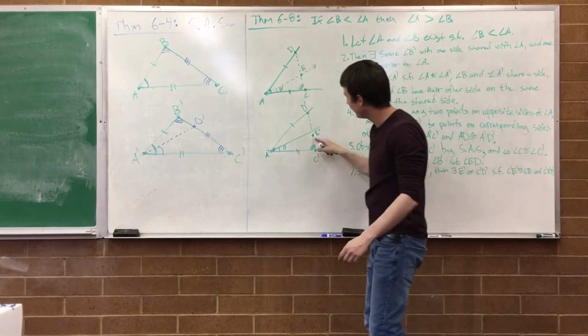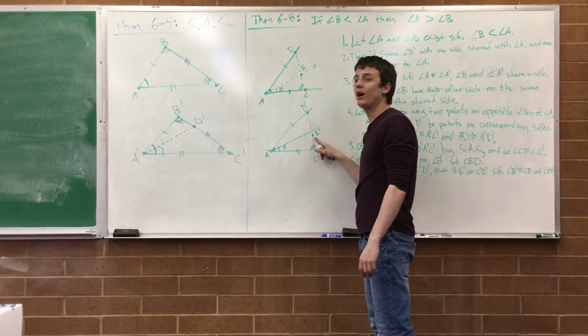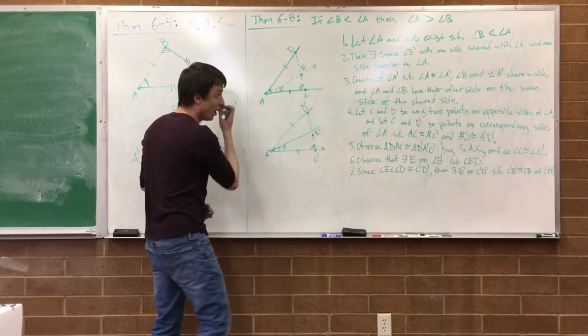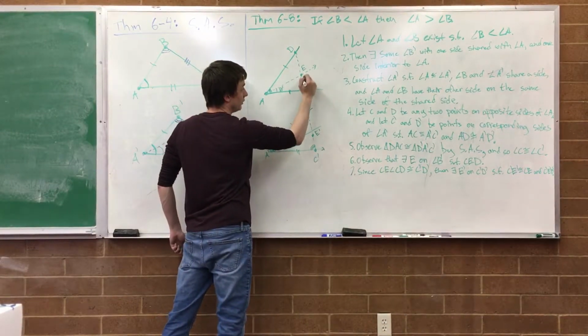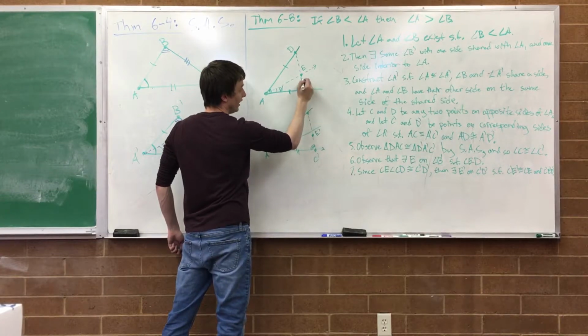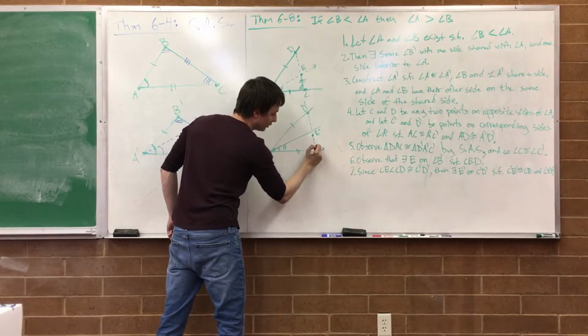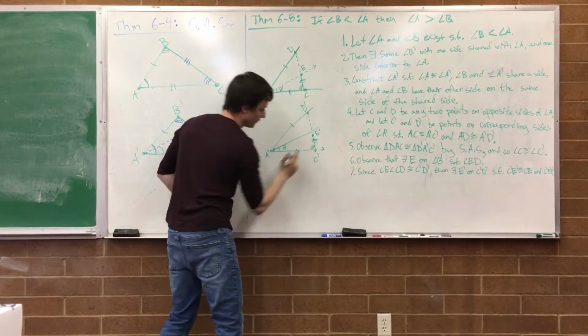Okay, so we've got this point E prime. Now what remains to show is that E prime's on that ray. Yeah. So now we have this side is congruent to this side.